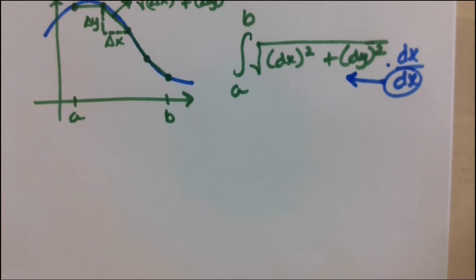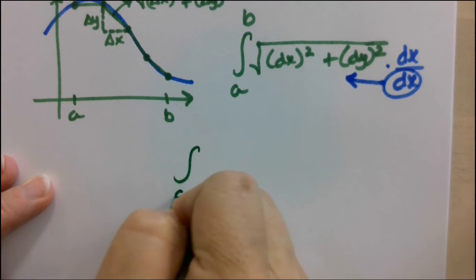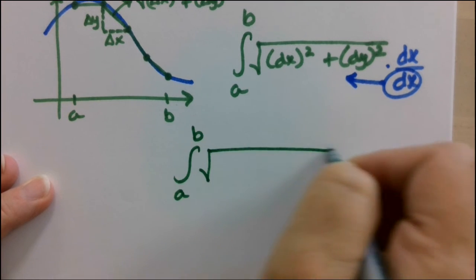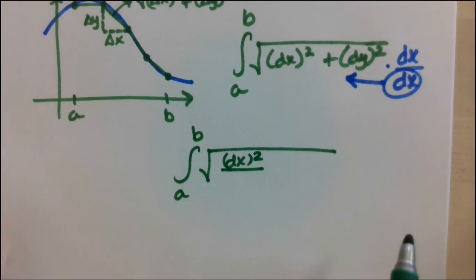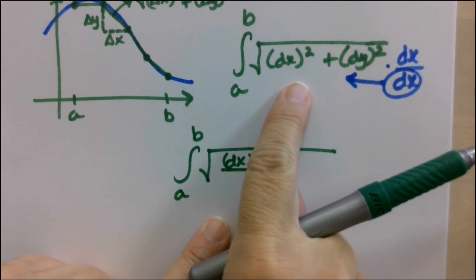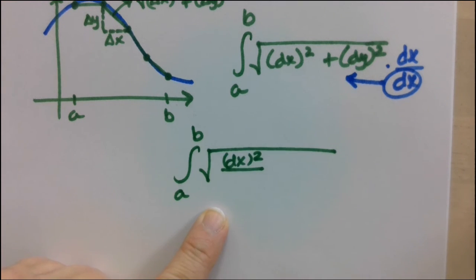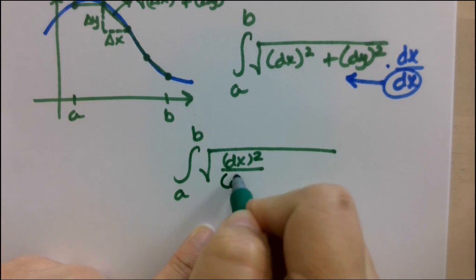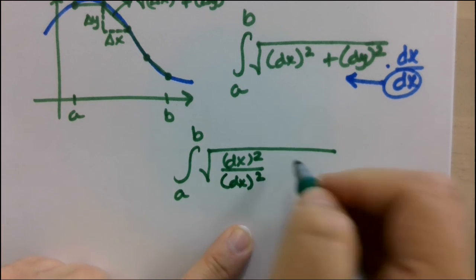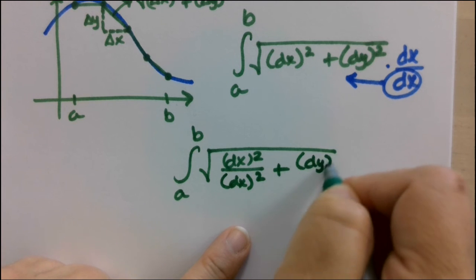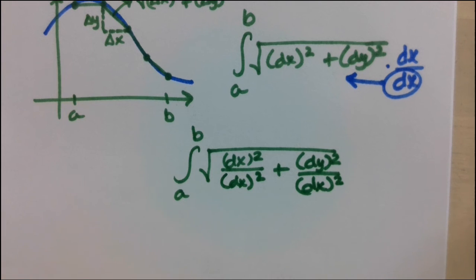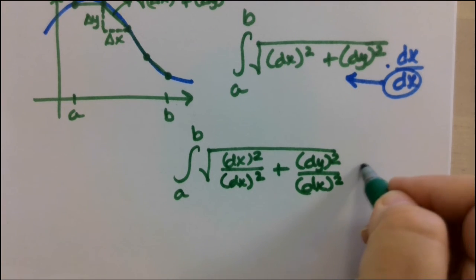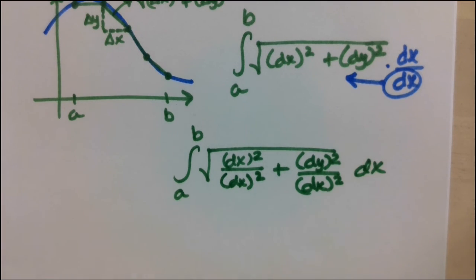So let's see what that would look like if I rewrite the integral. A to b, square root of dx squared over dx squared. When I bring the dx inside the square root, I've got to square it because it was outside the square root. And I'm going to do the same thing here, because if we bring it in, we've got to divide everything in the integral by that dx squared.